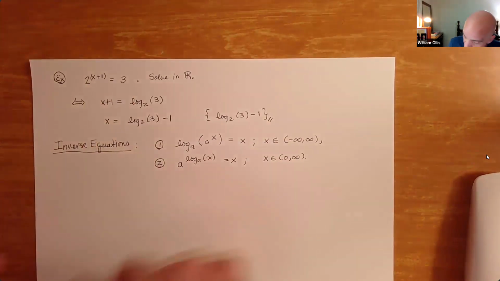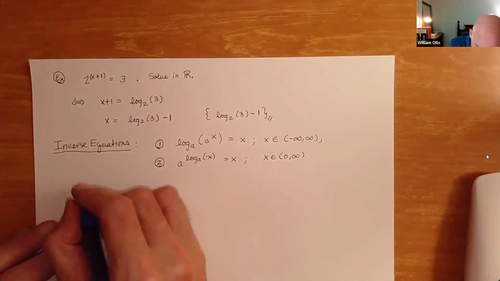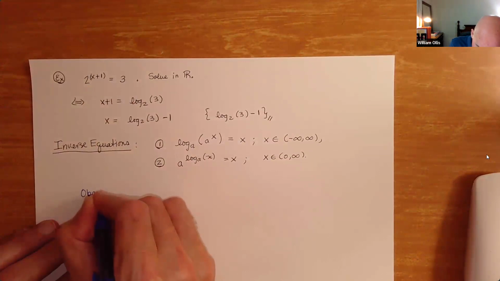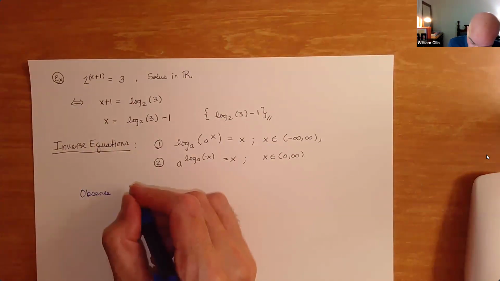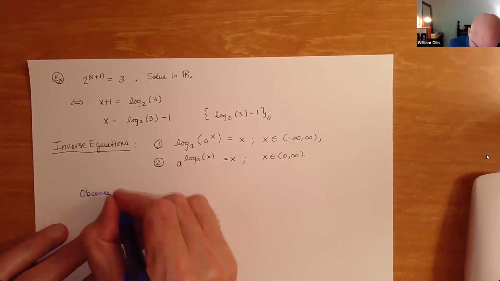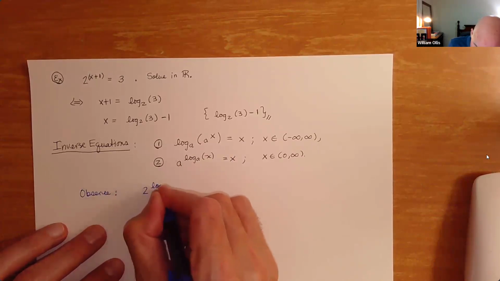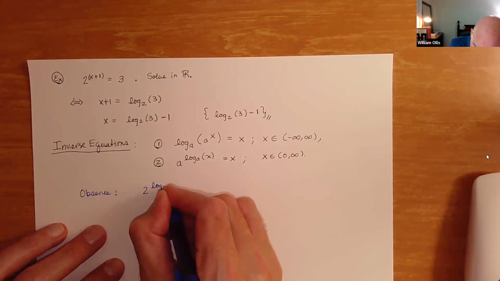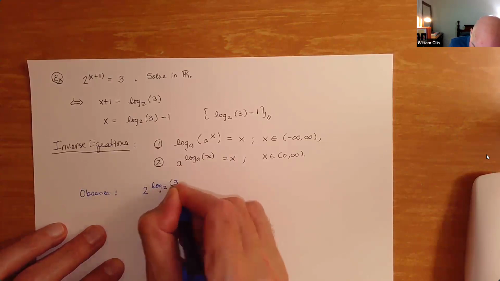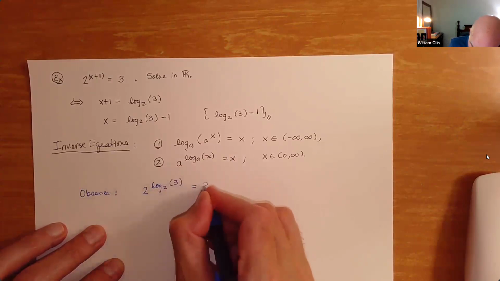So here's an observation. Let me write this in another color. So observe, and we'll just use this over and over. So we'll say 2 to the base 2 logarithm of 3 is just equal to 3.